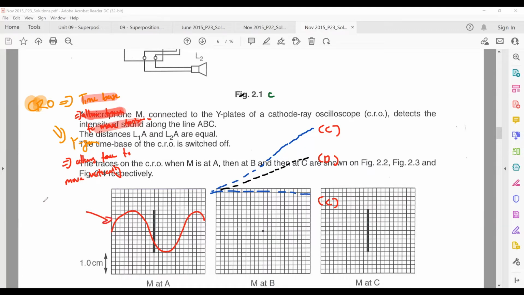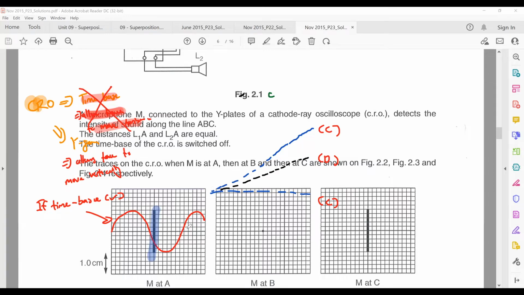This is if time base was enabled. This would be the shape of the wave that you see on your CRO screen. But because they already disabled your time base setting, your trace cannot move horizontally. Instead, it can only move vertically. That's why you see only a straight line here.